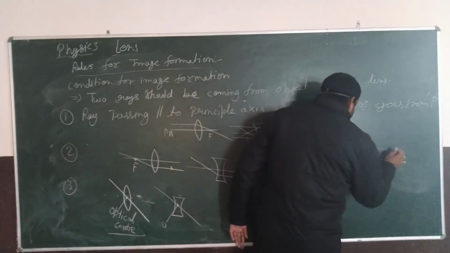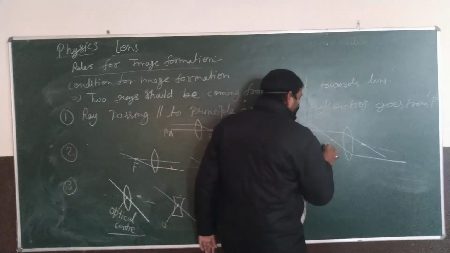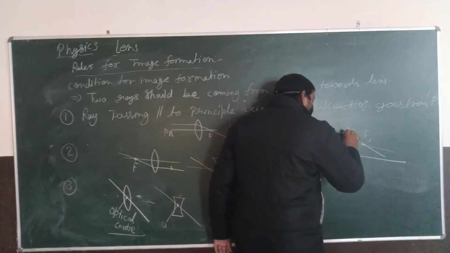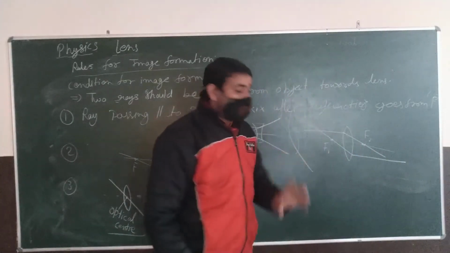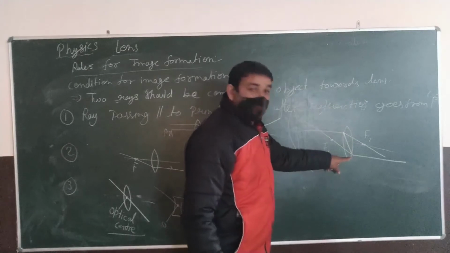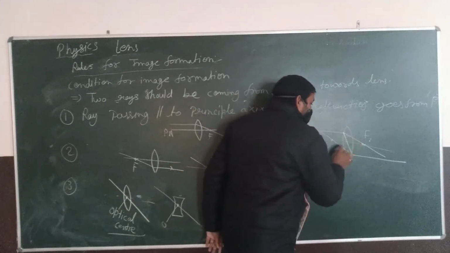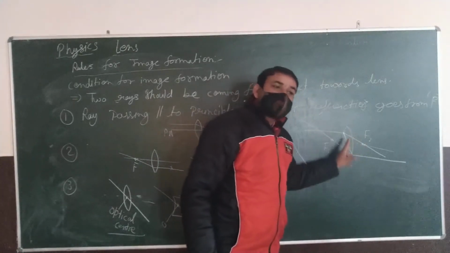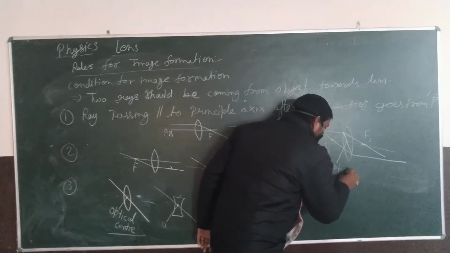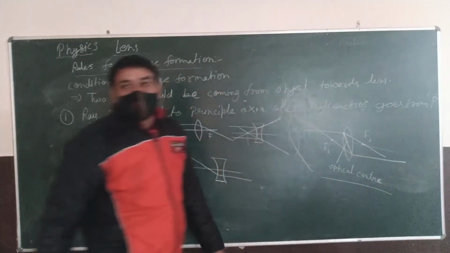Let's say this is principal focus 1 and this is principal focus 2 of this lens. Now, when we join the two initial points of refraction, the joining line or diagonal of the refracted points intersects at a point on the principal axis inside the lens. This point is called the optical center. It is clear or not?